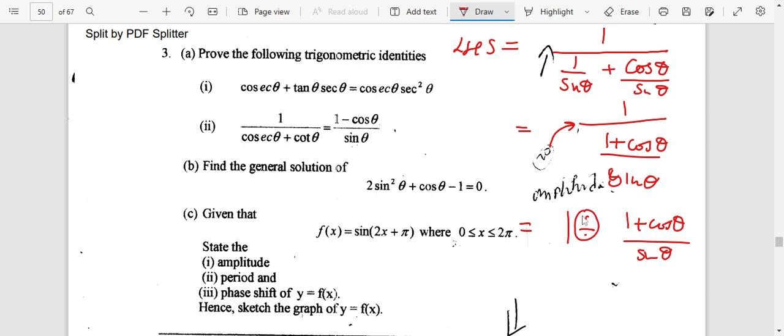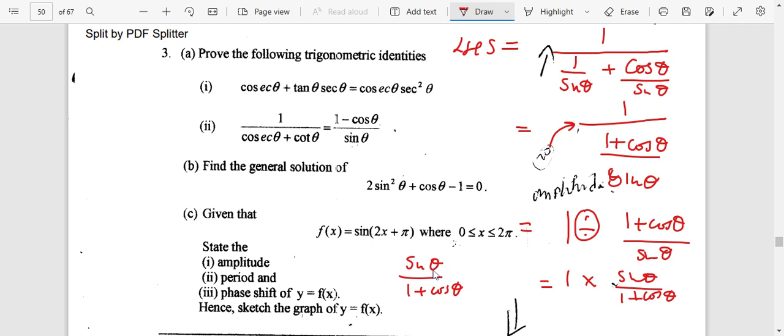And then I'm going to change this division into multiplication. Becomes 1 times sin theta over 1 plus cos theta, right? Like that. Now when we multiply, we are going to get sin theta divided by 1 plus cos theta.